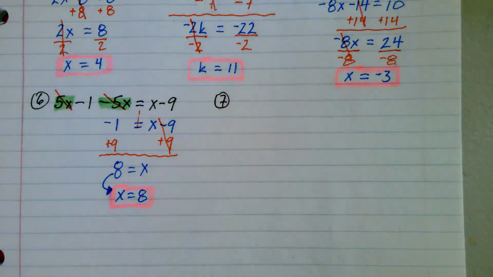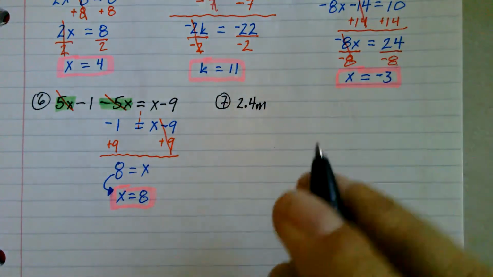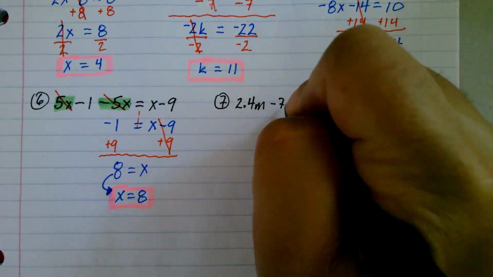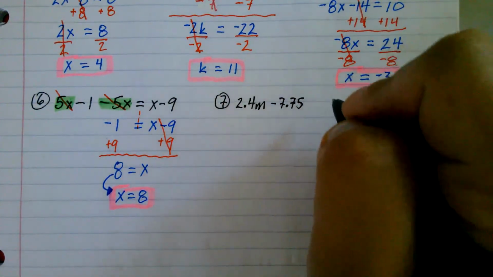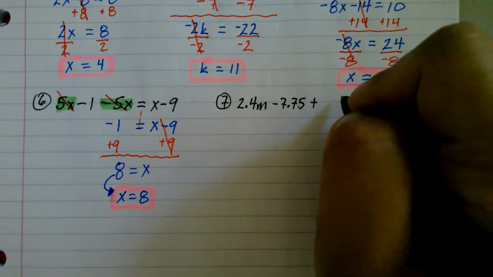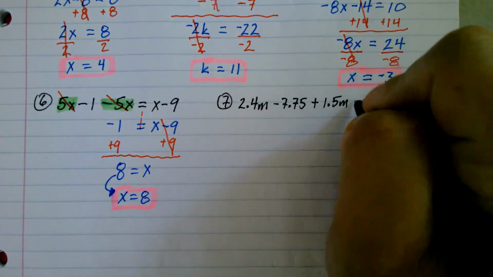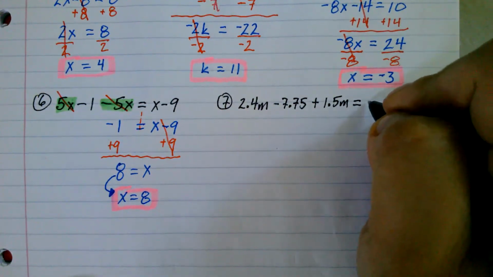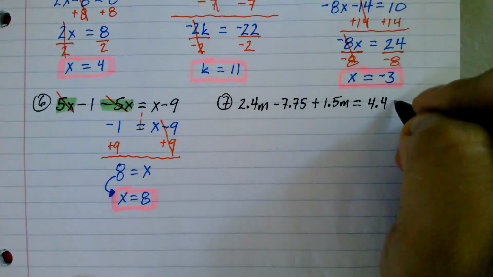All right, so this one's like your challenge problem. 2.4 m minus 7.75, I hope you have your calculators ready, plus 1.5 m equals 4.4 plus 8.4 m.